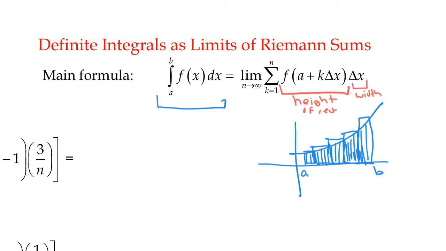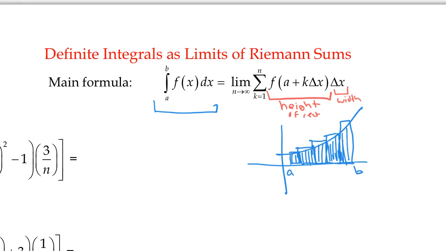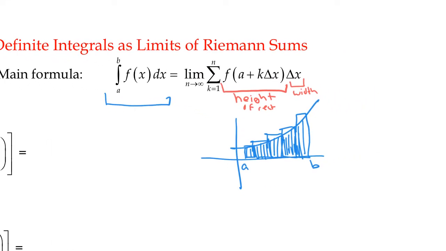Okay, so how do we turn this into a really easy problem to do? We know that delta x is the width of a rectangle. Each rectangle would have to be the whole amount of distance I'm covering divided by how many rectangles there are.